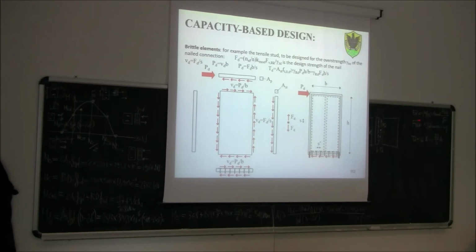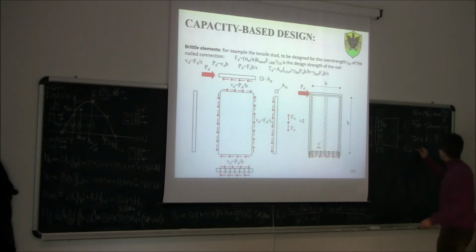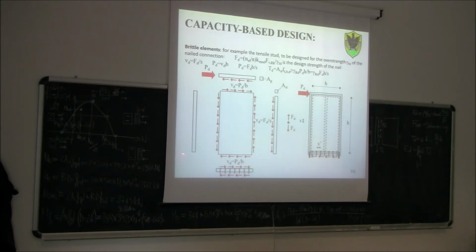So if the nail connection has this actual strength, the design value ED, which is the seismic demand on the tensile member, will be given by gamma RT, which is the overstrength factor of the nail, 1.6, times TD, which is the axial force that I have in this member, which is in equilibrium with the shear force that I have in the nail.